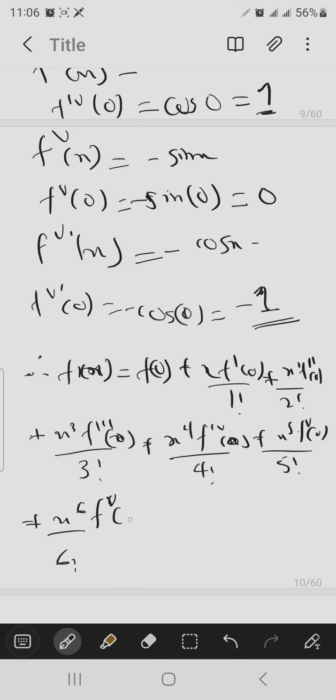So that's what it means, and I hope you understand it.